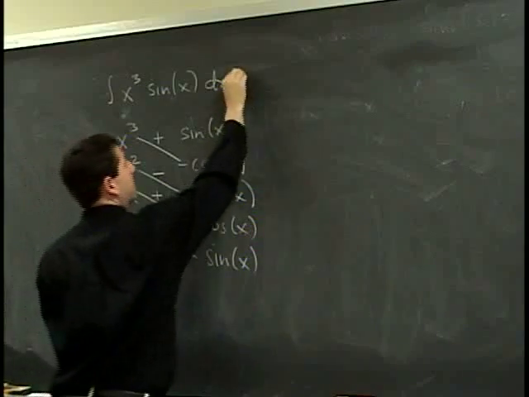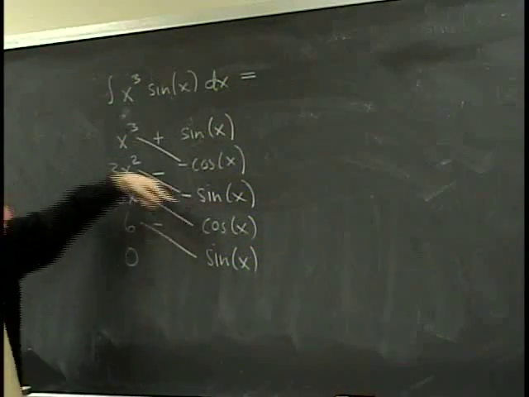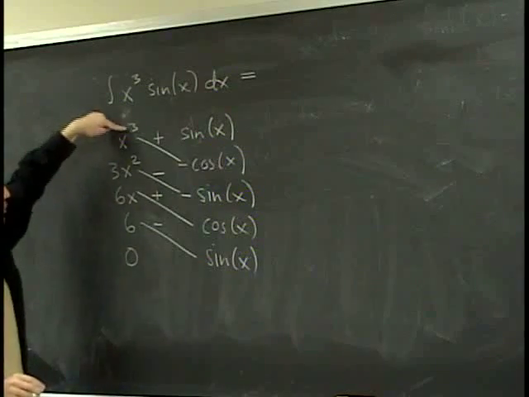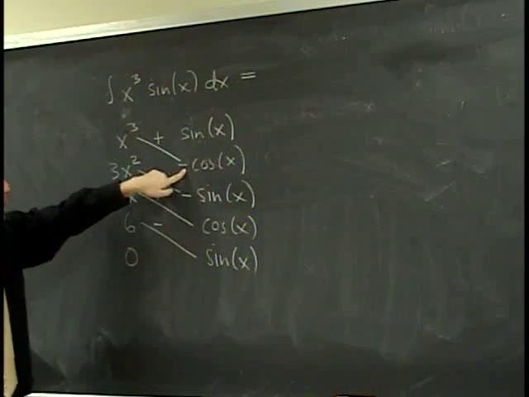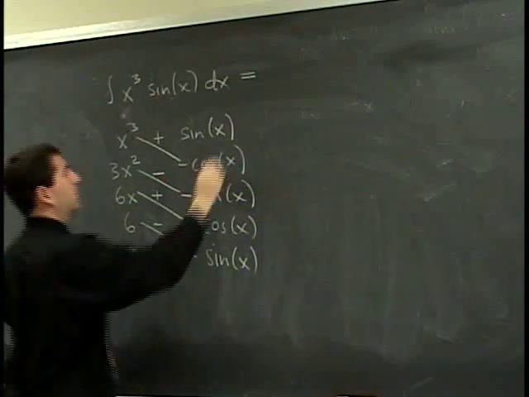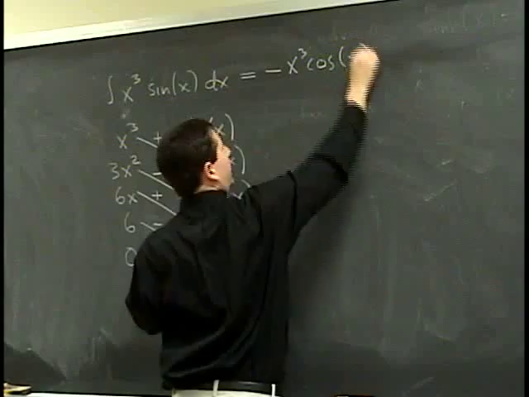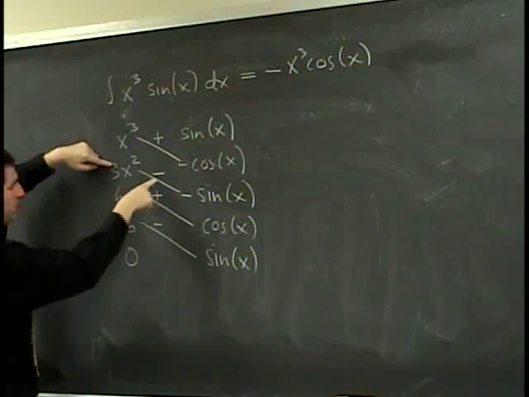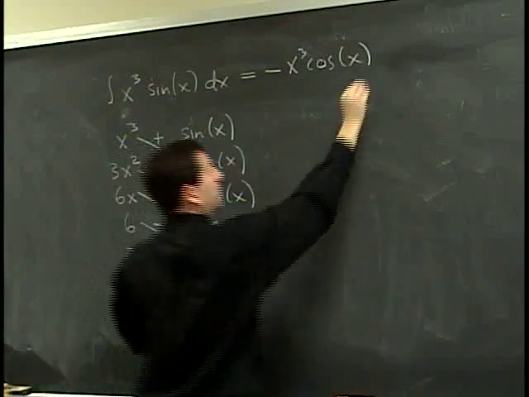Okay. And now here comes the answer. You just read these things along the lines. x cubed, and there's a plus, you can think of times a plus, times negative cosine of x. So you get negative x cubed cosine of x. And the next one, a negative negative becomes a positive, so 3x squared sine of x is positive.